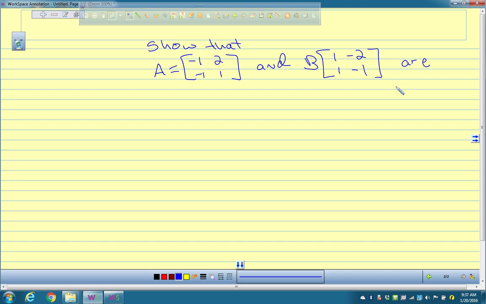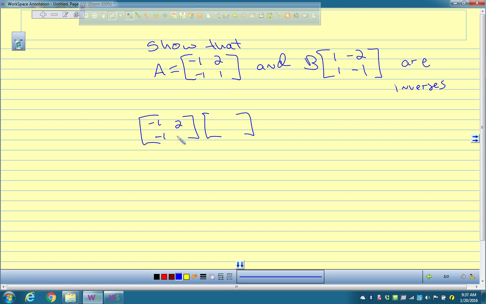Are inverses. So the way you do that, you multiply A times B and B times A, and you want to show that the result is the identity. I really want you to do some of these by hand, without your calculator, because it's good practice and you're going to have to do it.